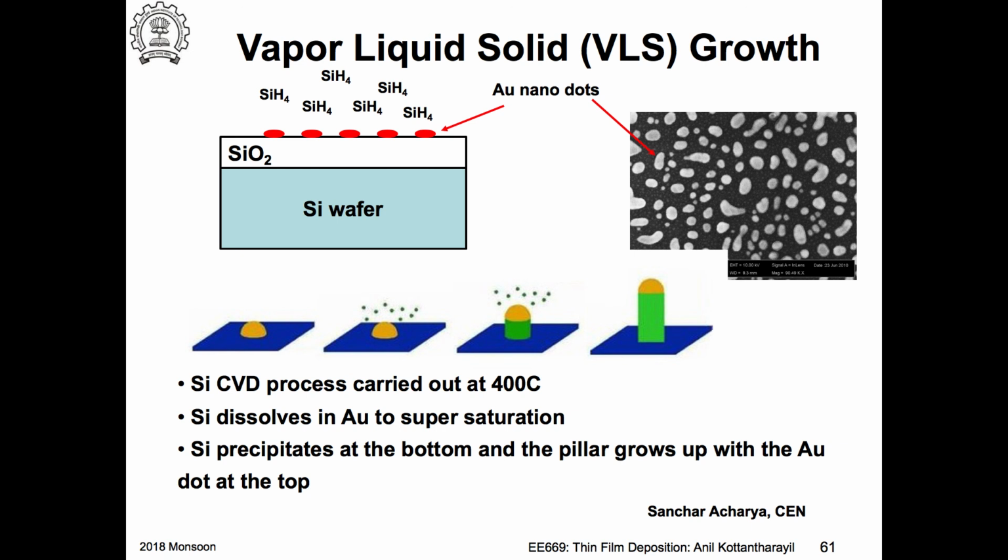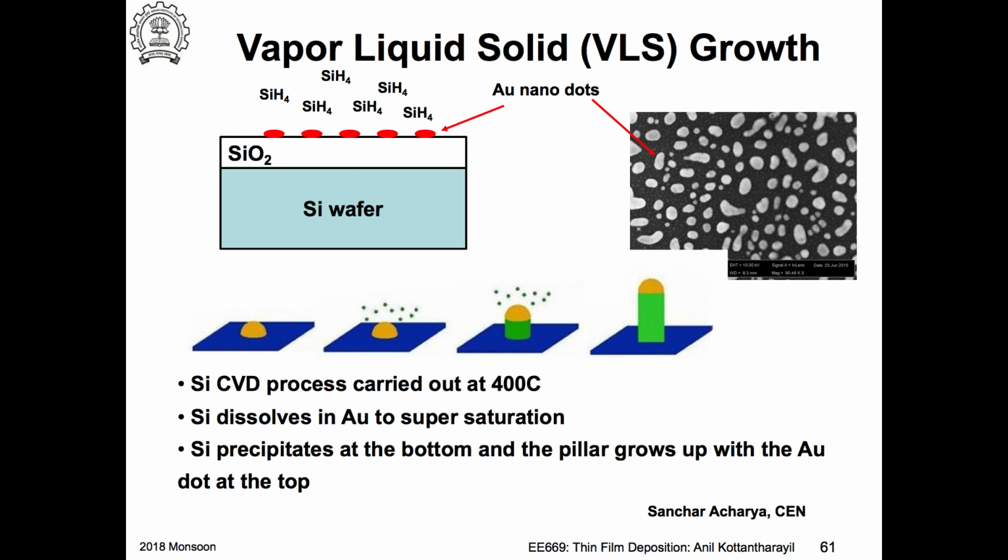So you can see this silicon start to precipitate at the bottom. This liquid droplet is at the top. So then it will start to grow here, right? It grows up like this, okay. So then the dimensions of this, the diameter and so on, would actually depend on the diameter of the gold nanodot.